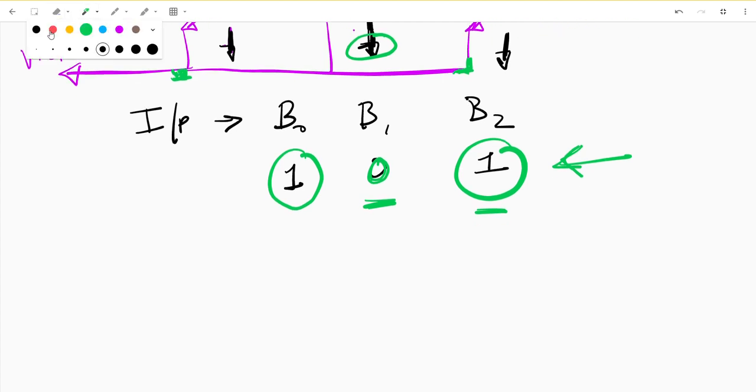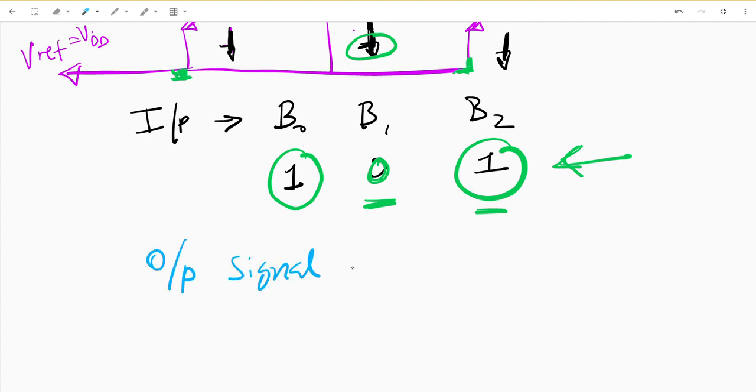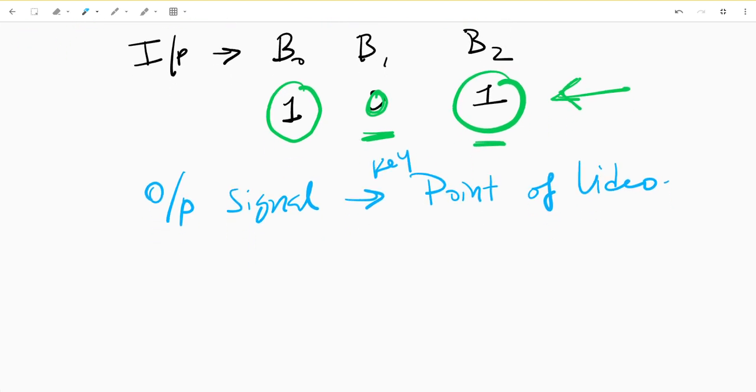And we want to generate an output signal. And this is the point of this video, or the key point of the video.